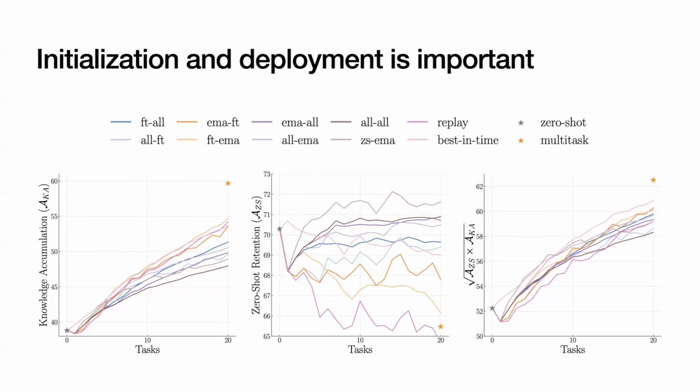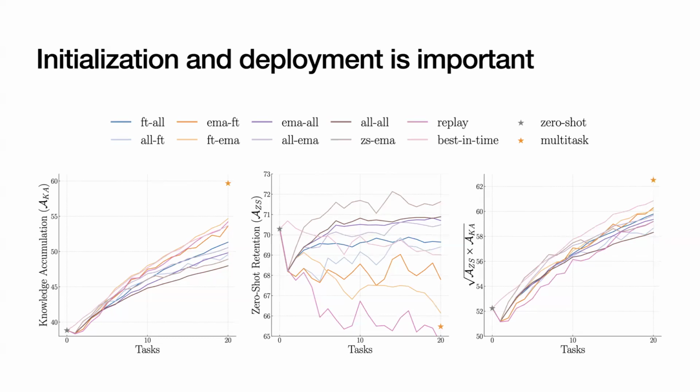This plot shows how different combinations of initialization and deployment strategies affect knowledge accumulation and zero-shot retention as new tasks arrive. On the right, we take the geometric mean of the two metrics to get a single performance score. The gray star is the zero-shot baseline, and the gold star is a multitask upper bound where the model is trained jointly on all tasks.